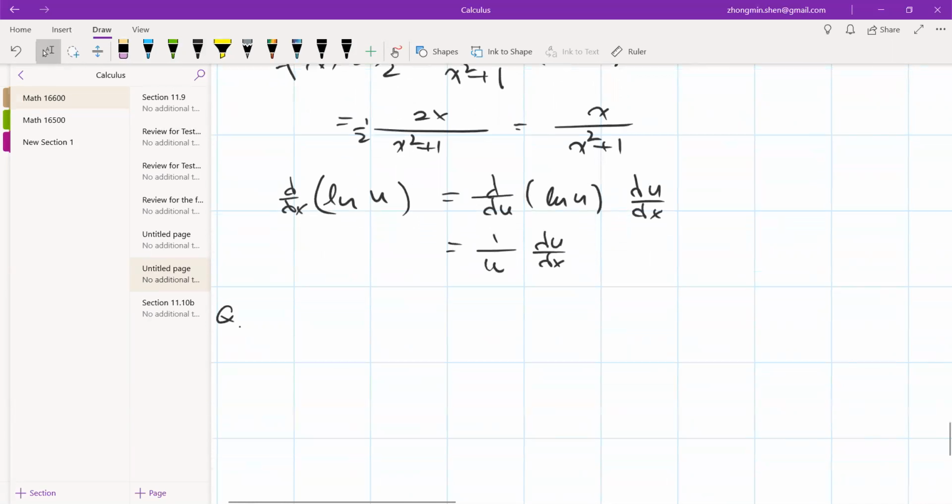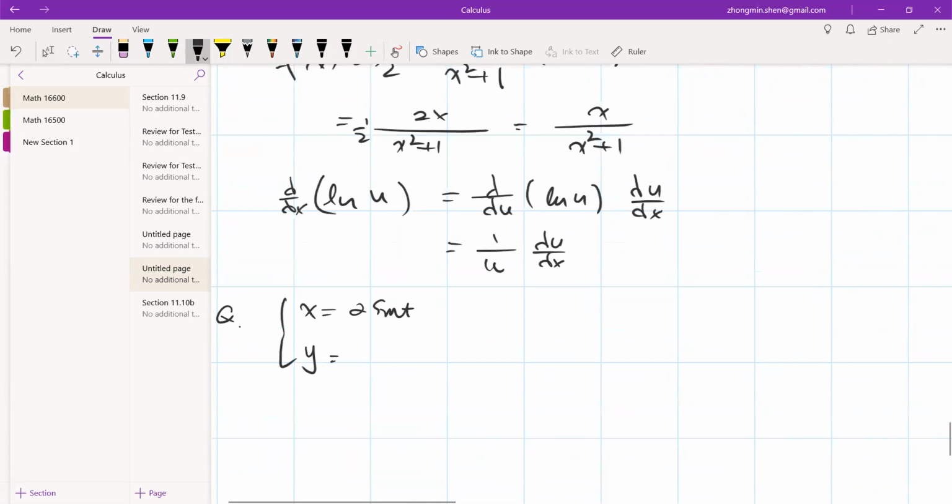All right. The next problem is we are given the function x equals, I think I forgot, yeah, sine t cosine t, and the y. I remember the problem on the test, right? I'm going to do this.